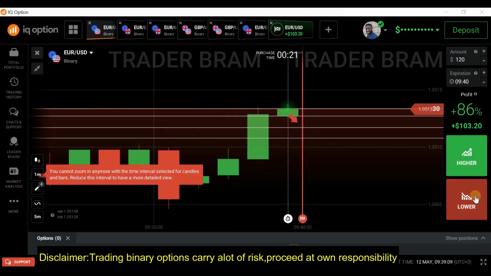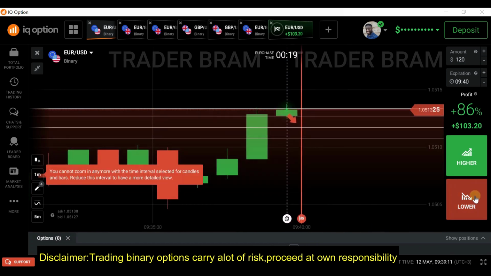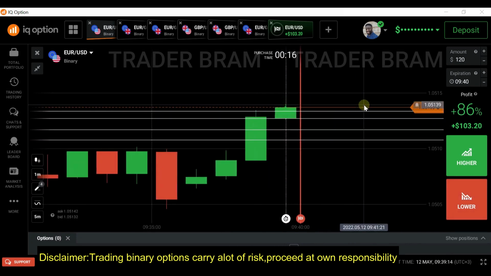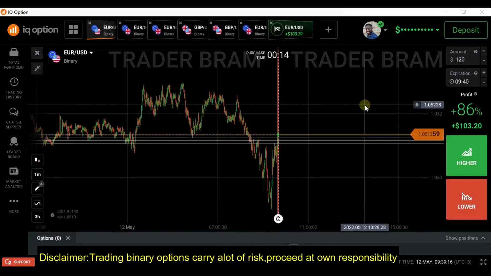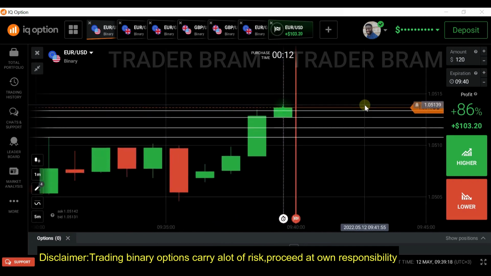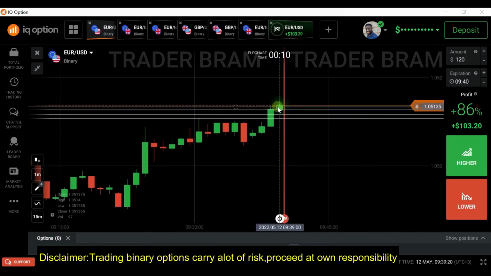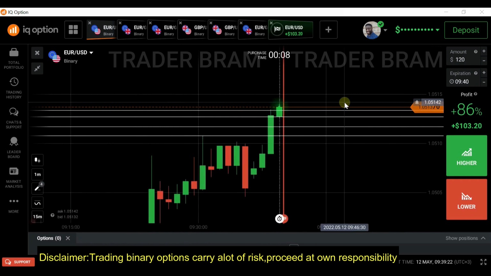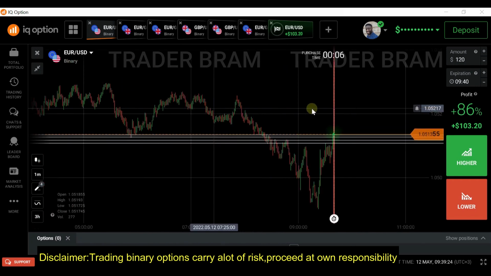So we've broken that level, but we've got some resistance here, but we've closed in between the levels, so I'll wait. So if you can break above this area, I can use this level to get my entry point.